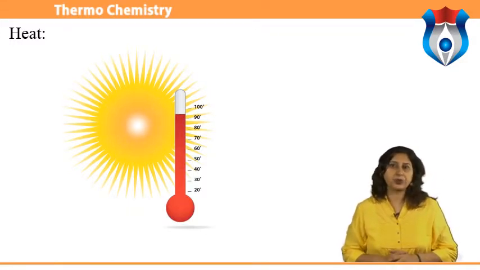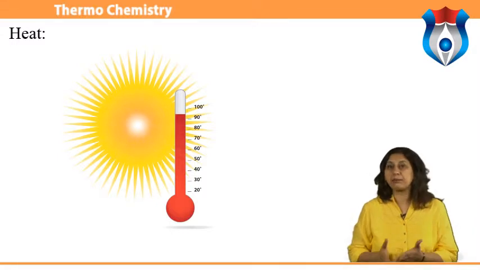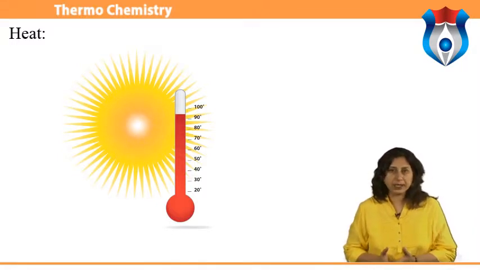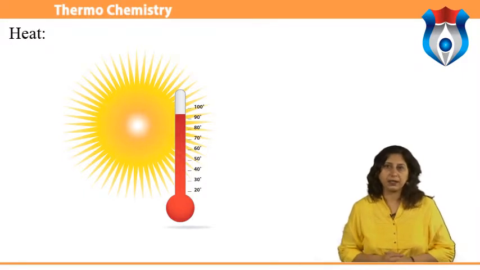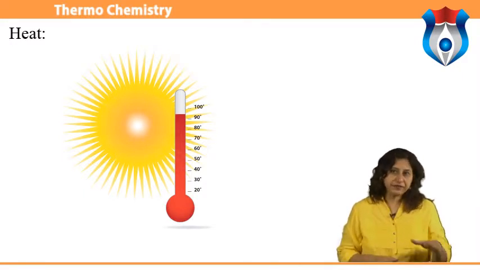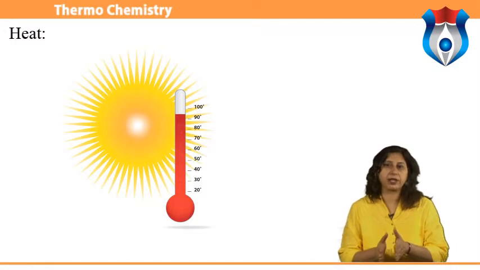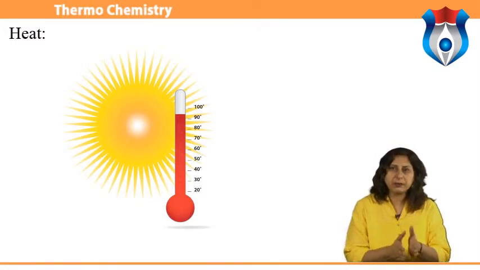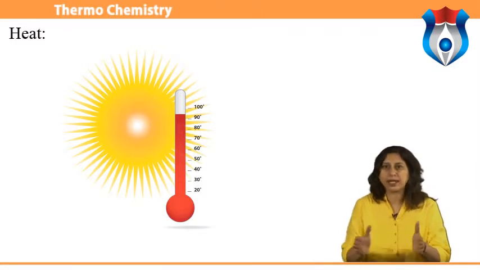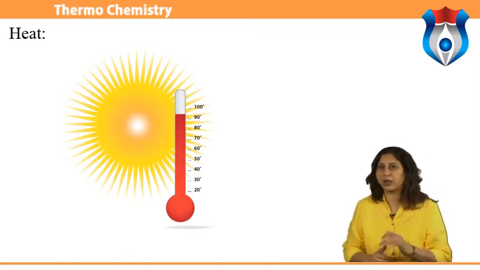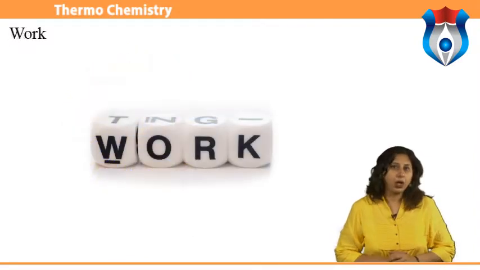Temperature is related to heat in the sense that temperature is a measure of the random motion of the atoms and molecules in a particular substance. When two objects at different temperatures are placed together in contact, energy will be transferred between the two objects by the process called heat.